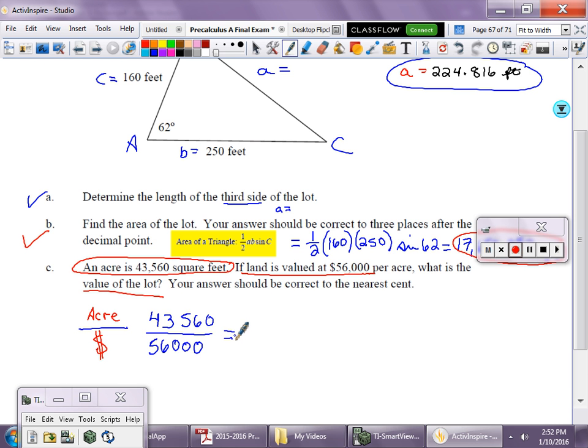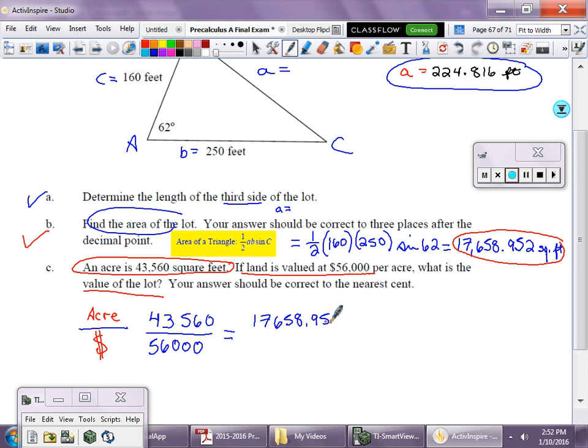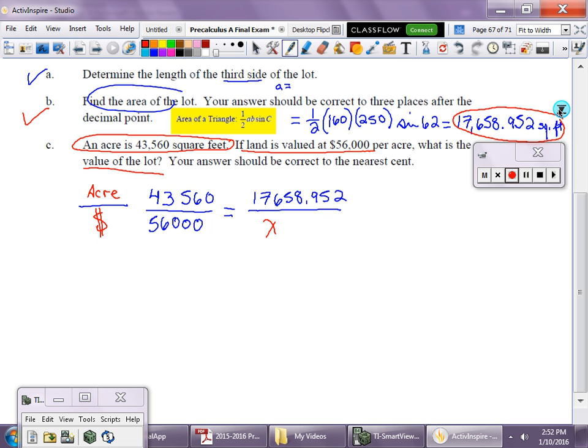That is what we follow for the land mass that we have. Our land mass, or acreage, is the area of the lot, in square feet, over the cost. That is our x. Okay, we're going to cross multiply to solve.